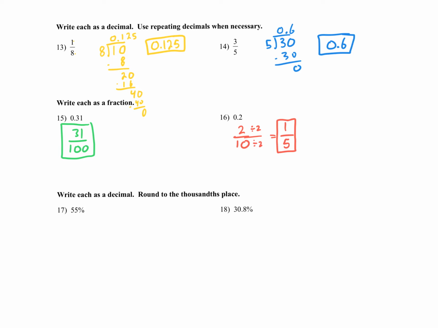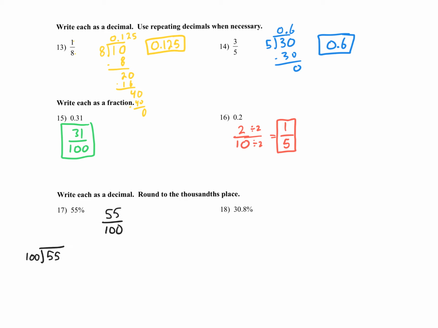Okay? And then last two, it says write each as a decimal. So notice these are a percent. So a couple of different ways to think of this. Let's go with black. Remember, a percent always relates a number to 100. So you can just say 55 over 100. And then if you wanted to do your division, you could. 55 divided by 100.